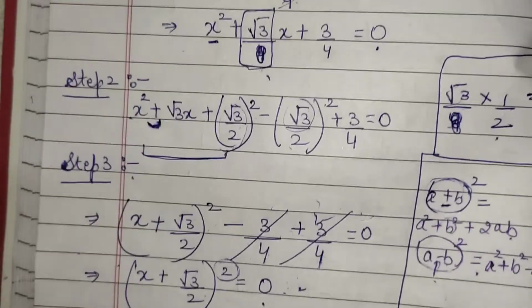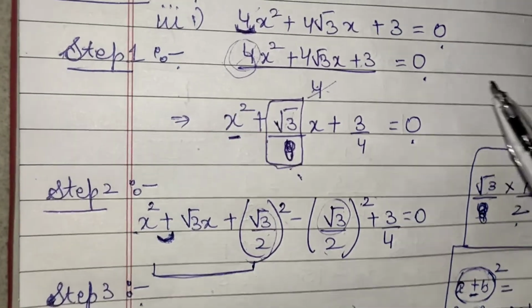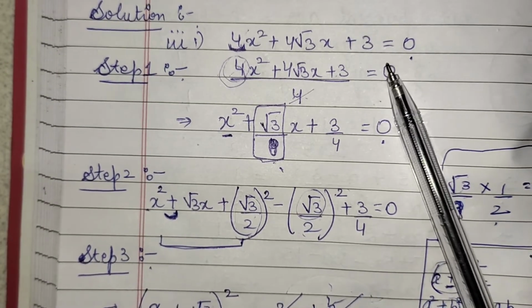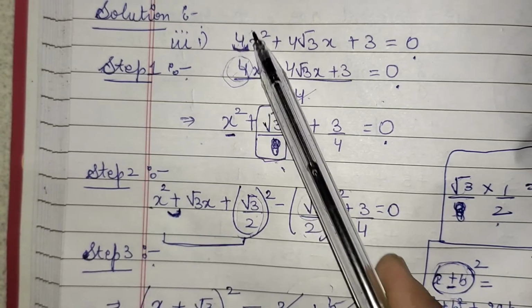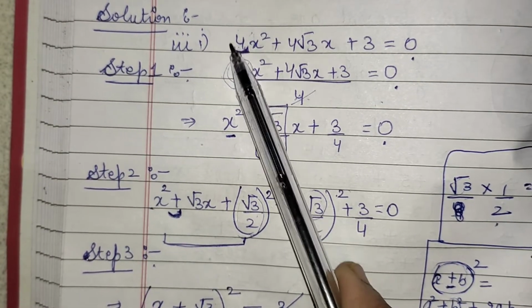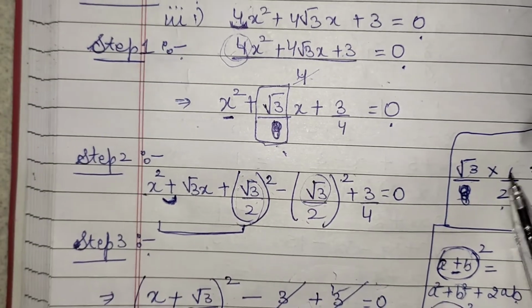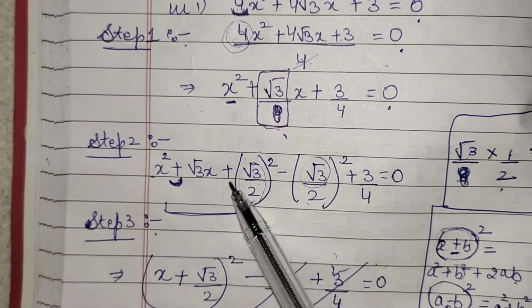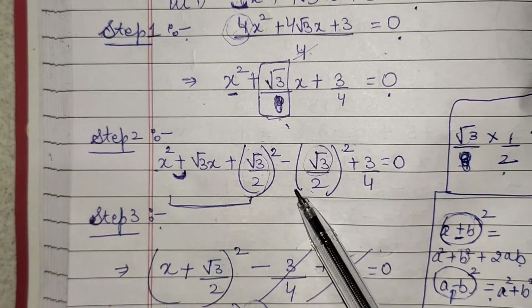Okay, so these are the similar steps which you have to use in each and every question while solving the quadratic equation by using the completing the square method. First, make the coefficient of x square equal to 1. Then take the coefficient of x divided by 2 and do the square of that value, add that same value and subtract that same value in the given equation.